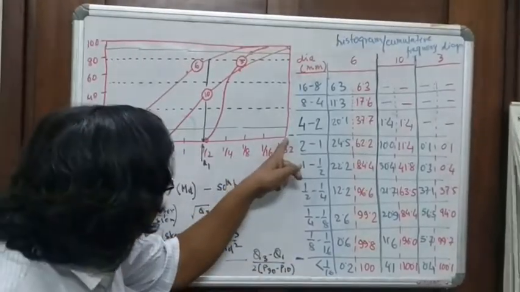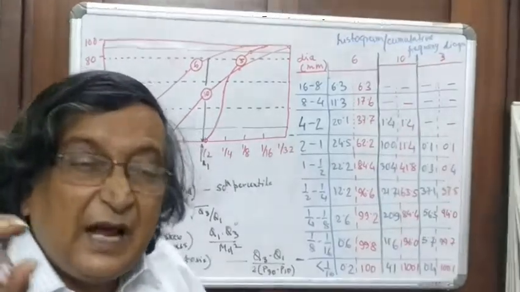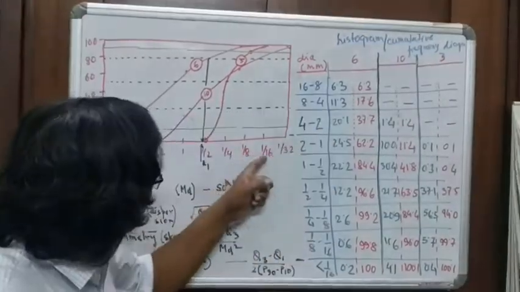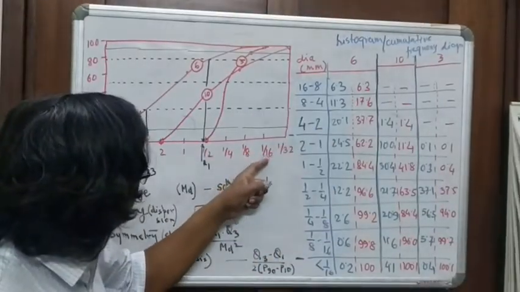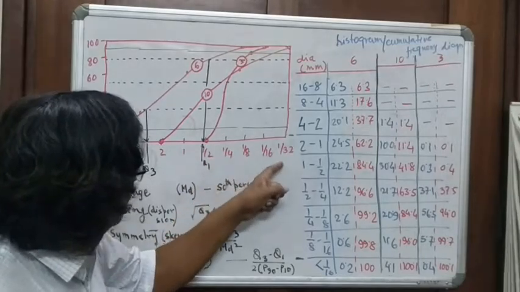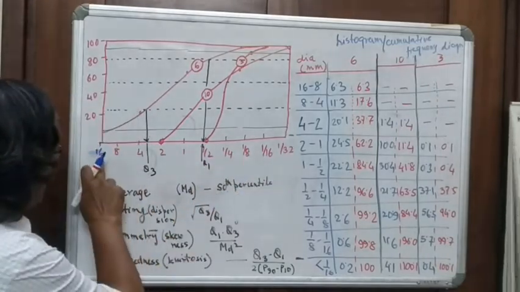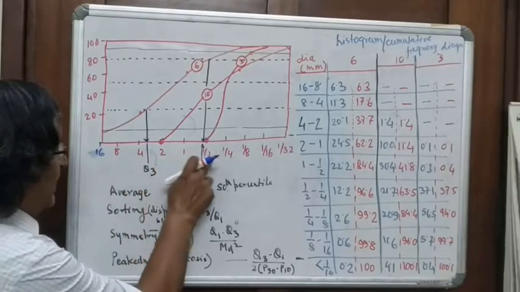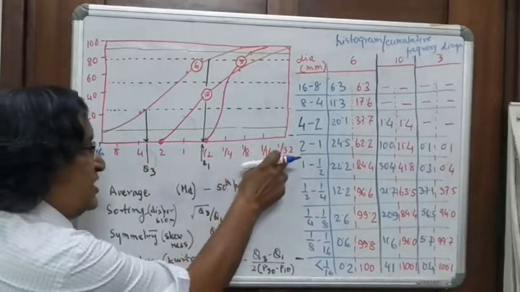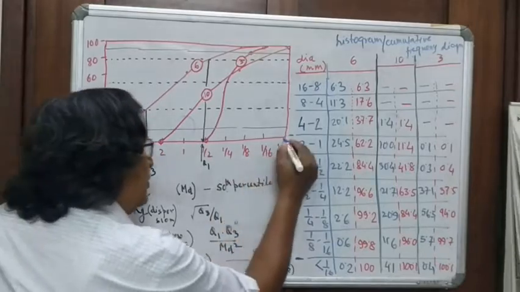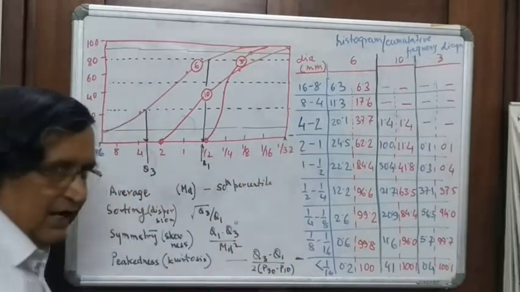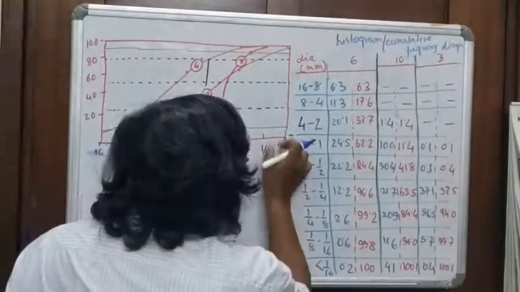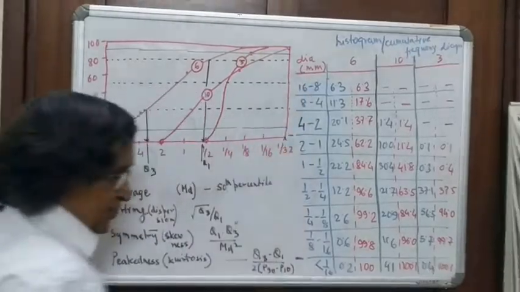So this is given as 1 by 32. It is a little hypothetical, but this is the next class interval. You know, 8 to 16 to 32, each is a doubling. 16 divided by 2 is 8, 8 divided by 2 is 4, 4 divided by 2 is 2, 2 divided by 2 is 1. So you create a class interval so that you can plot your points.